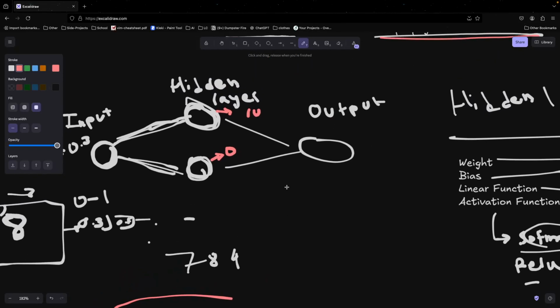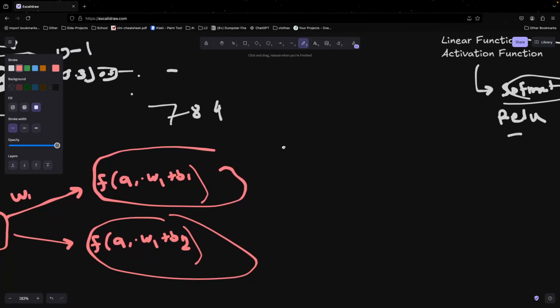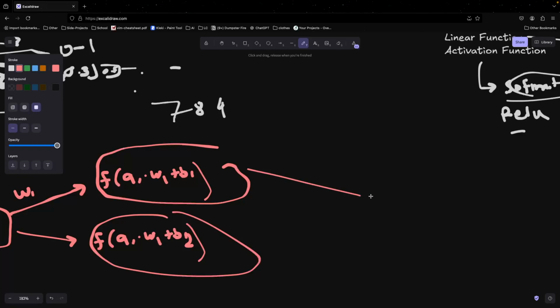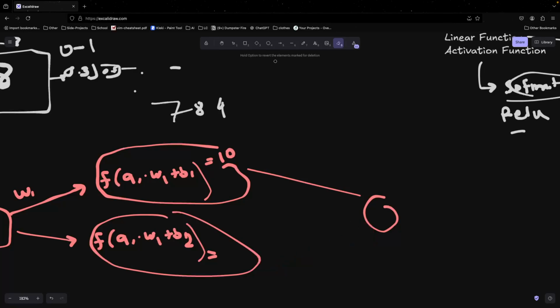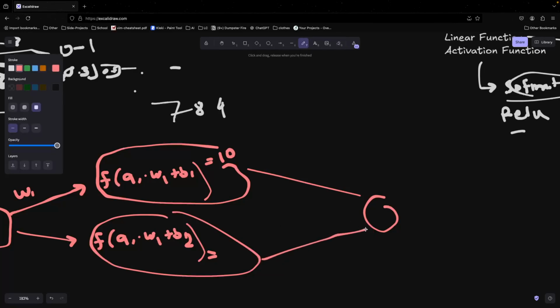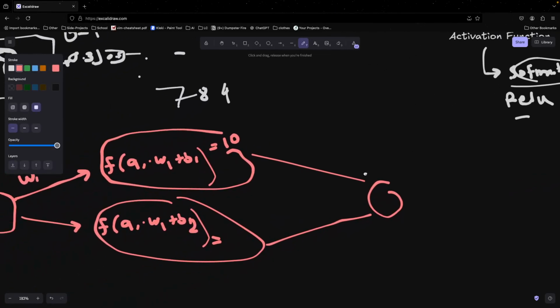Essentially there are multiple layers, but in this case we only have 2 layers, which is okay. But now let's look at what happens in the final layer. So remember this we said was 10, and this we said was 0, based on our activation function, which was ReLU.